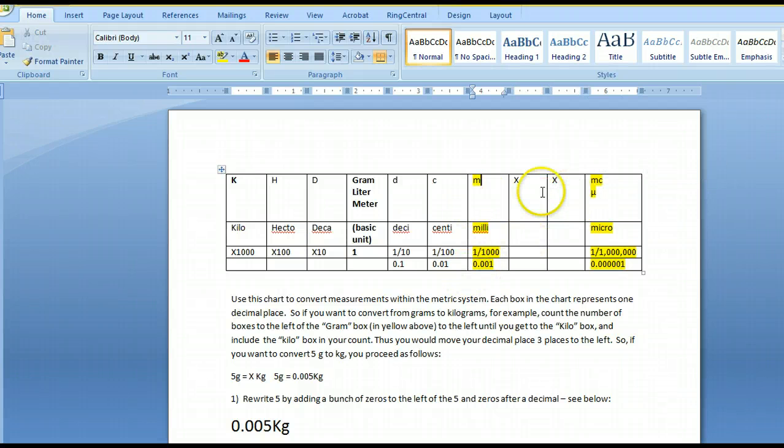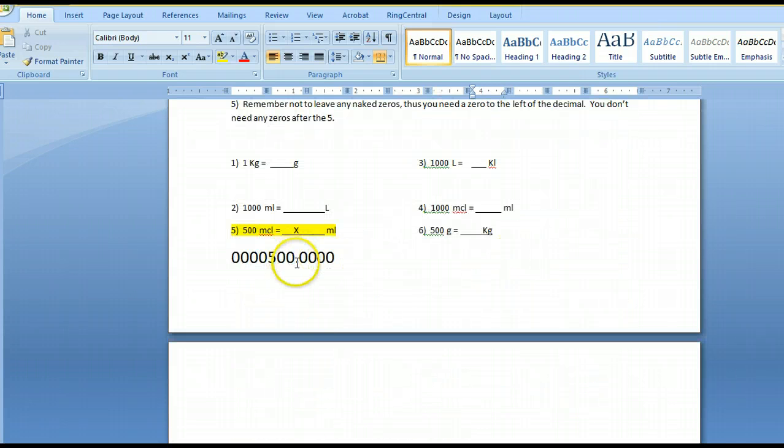Now these X boxes make sense, right? Once again, we're going to go 1, 2, 3. Again, we're going 3. We're going to move our decimal place 3 places to the left. So here's our decimal, 1, 2, 3. Let's put in our new decimal place. Let's quickly get rid of our old one before we screw up, and get rid of all unnecessary zeros.